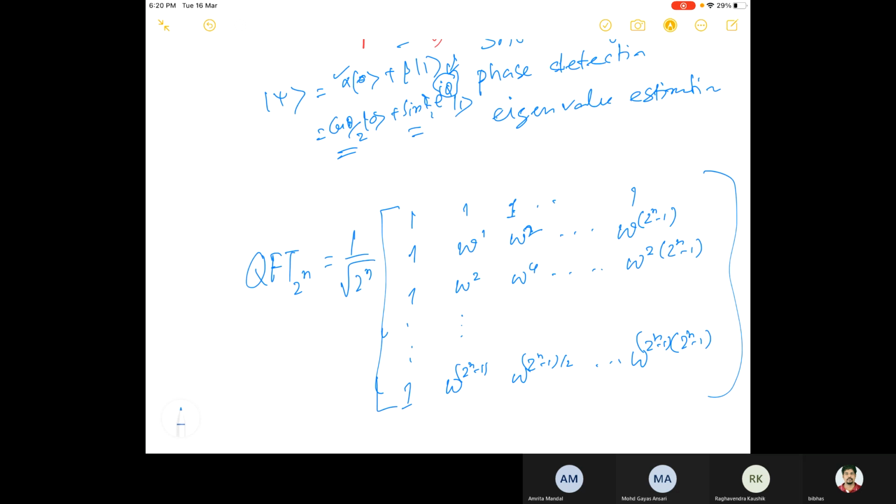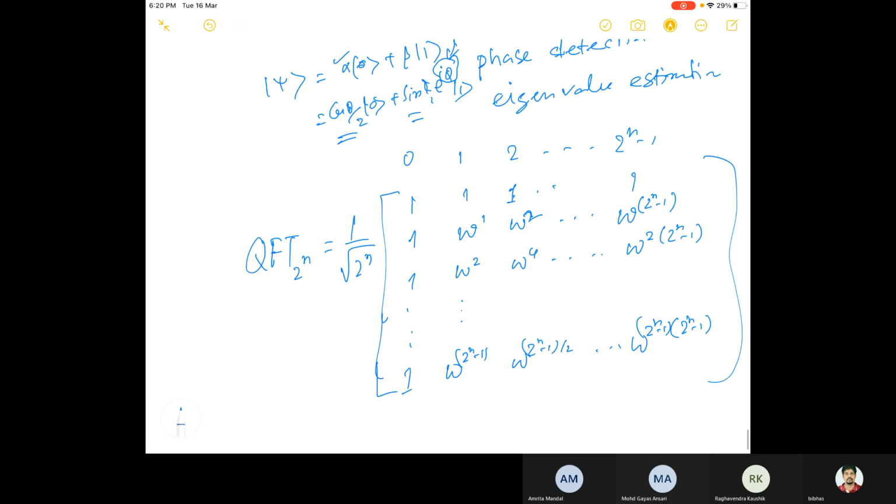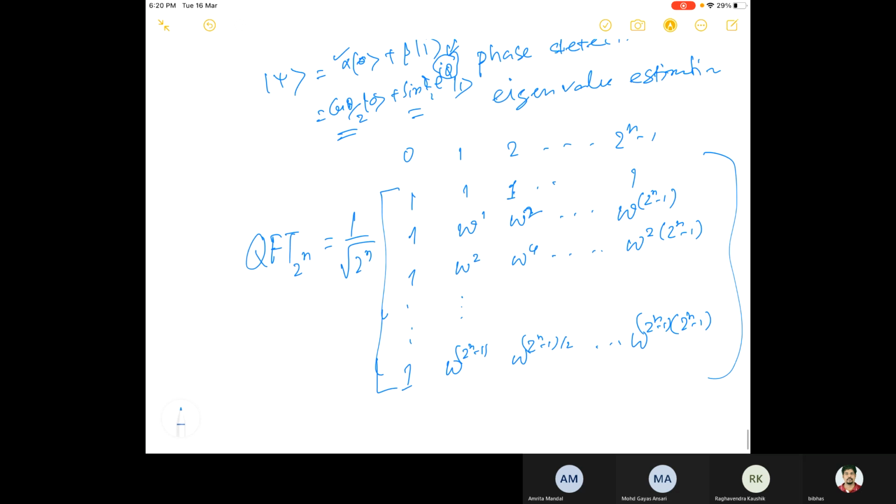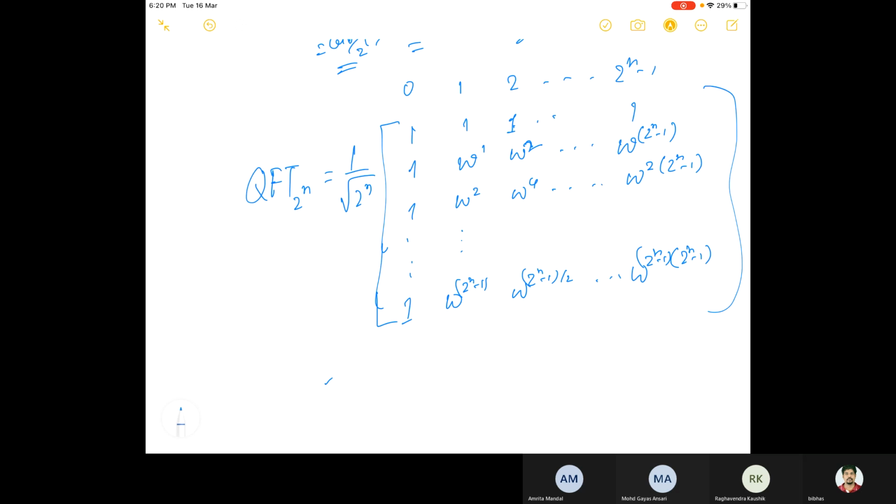What is the ijth entry? Let us label the rows 0, 1, 2, up to 2 to the power n minus 1, and the columns also 0, 1, 2, up to 2 to the power n minus 1. The ijth entry is nothing but 1 by square root of 2 to the power n times omega to the power jk, where j is the row and k is the column number, from 0 up to 2 to the power n minus 1.